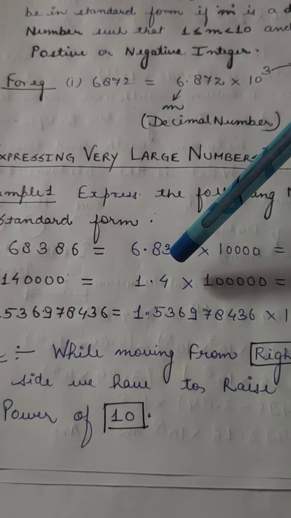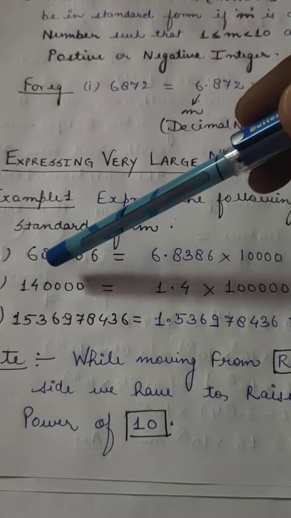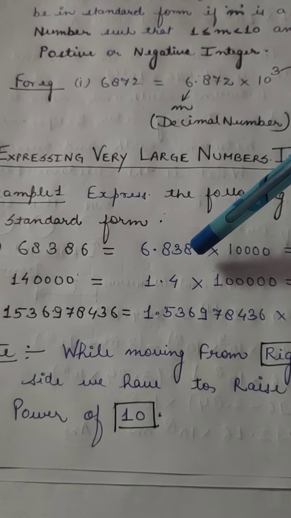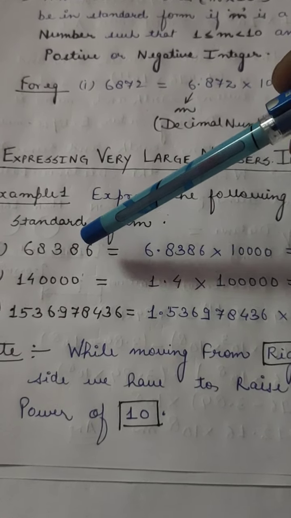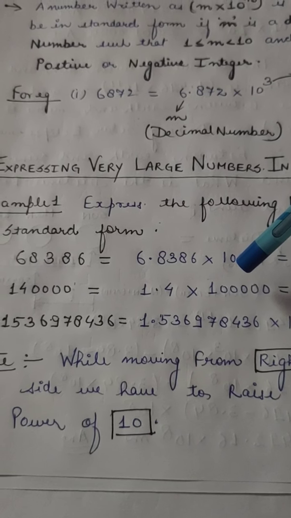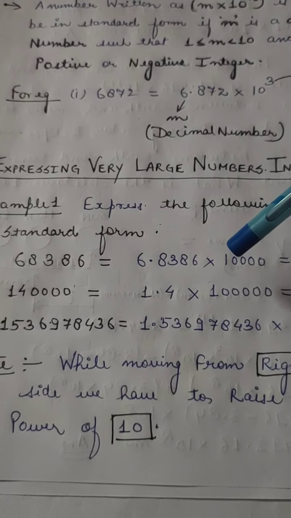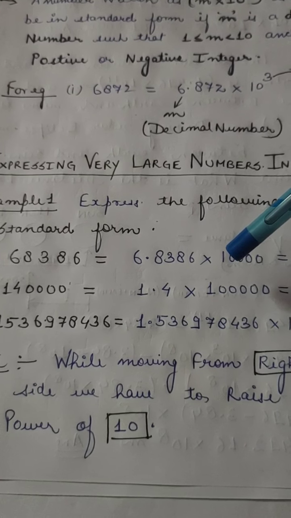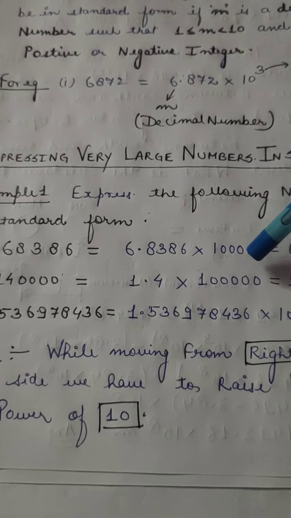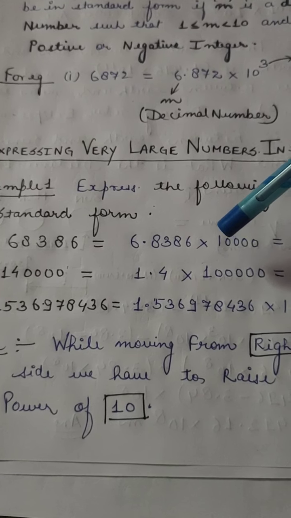In the next step, I have moved this decimal after 6 and written 6.8386. Then I have written as many zeros along with 1 as the places moved, that is 10,000. Why 10,000?